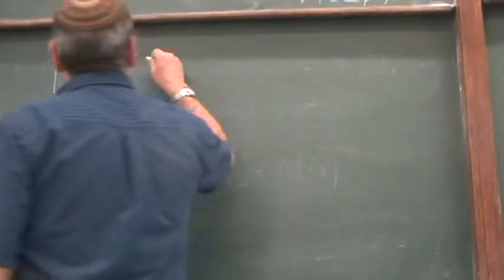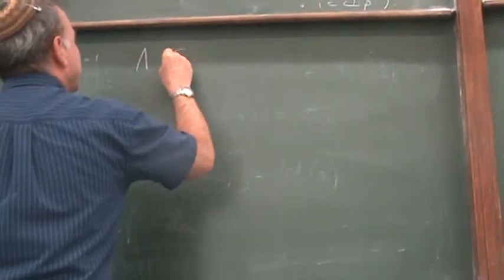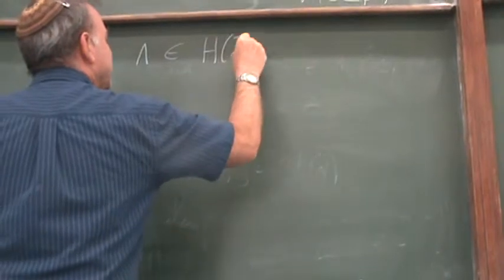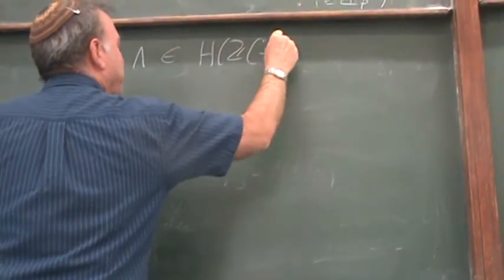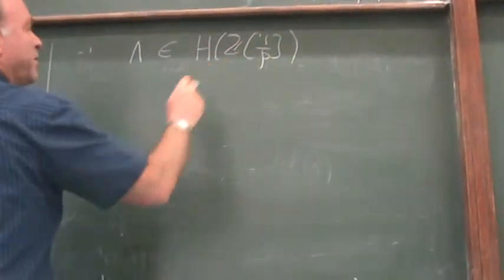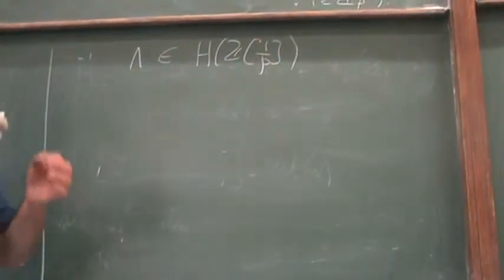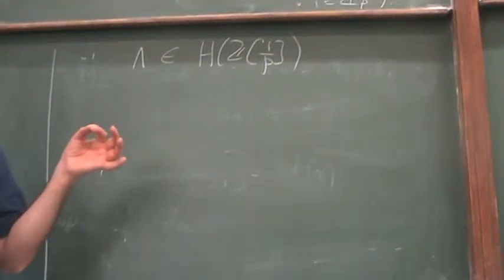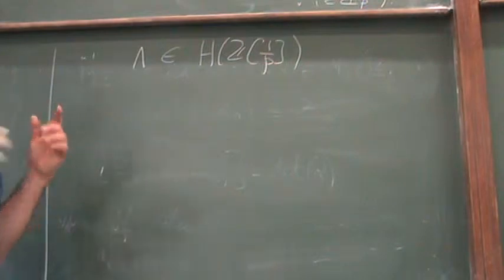You remember this observation I made, or I promised to make, right? If we take a lambda inside the group H Z 1 over P, in this algebra, first of all, there are elements in this algebra, then these elements are inside the kernel.